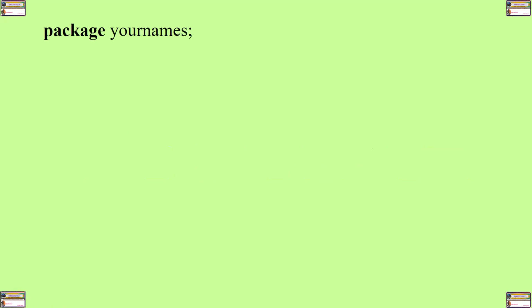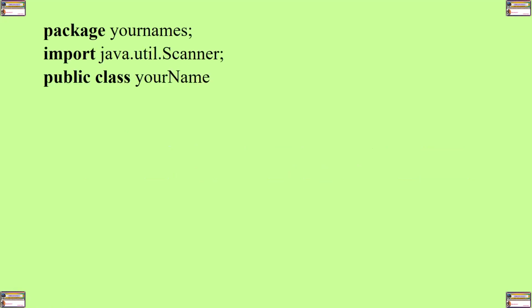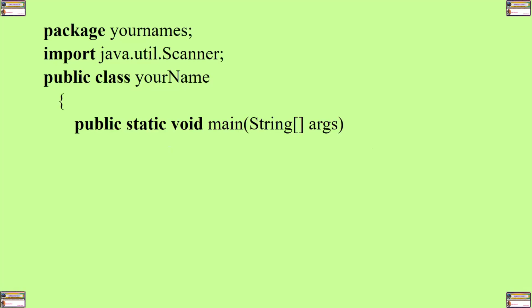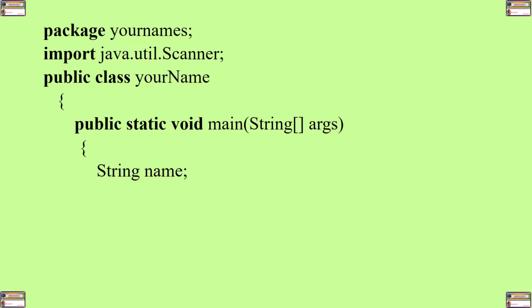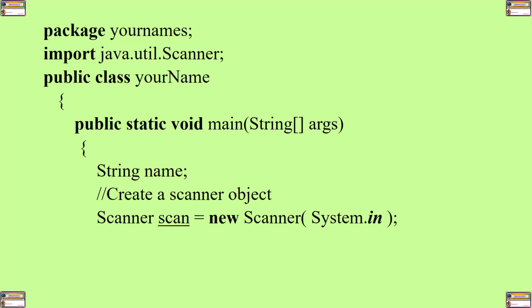And the program we have coded is this: package your names, import java.util.Scanner, public class your name, then we have our main method, we declare the variable, we create a Scanner object, and the Scanner object we have created is scan, which is of type Scanner.